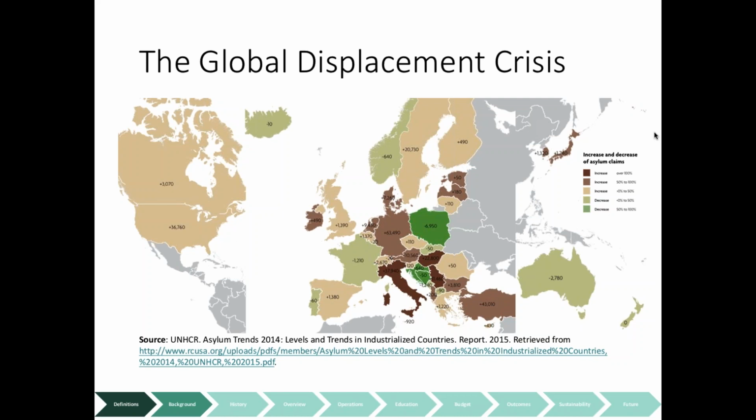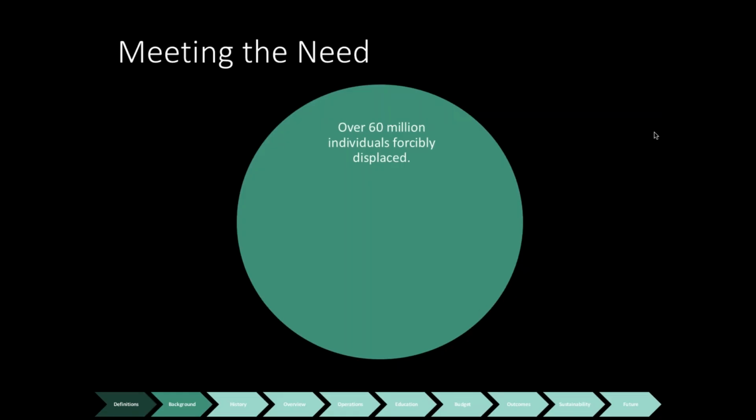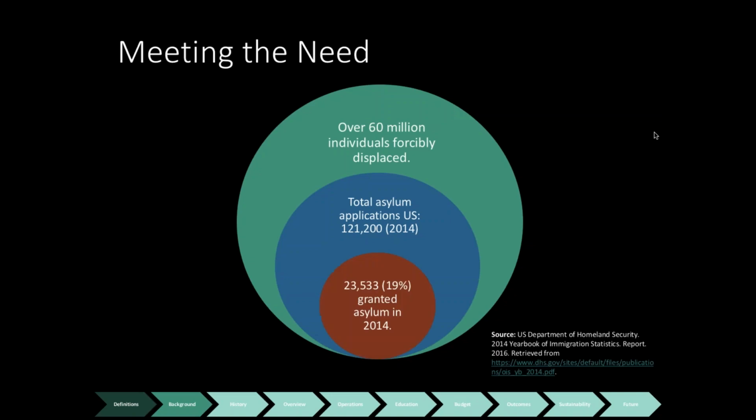Italy saw about 38,000 new claims, which represented an increase of over 100%. So clearly, this is a global phenomenon. As far as meeting the need, as I mentioned, over 60 million people have been forcibly displaced in some capacity. In the United States, we've had about 121,000 applications every year or so as of at least 2014. And in that same year, only 23,533 were eventually granted asylum, which represented about 20% of all asylum applications.